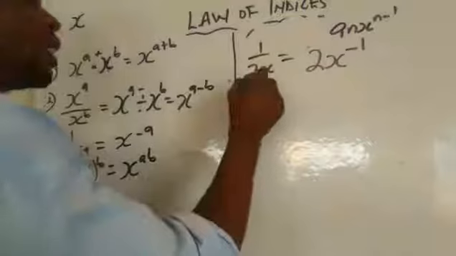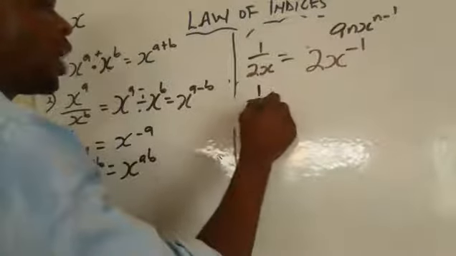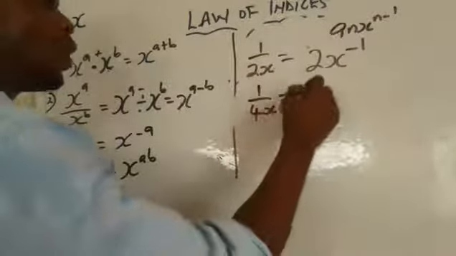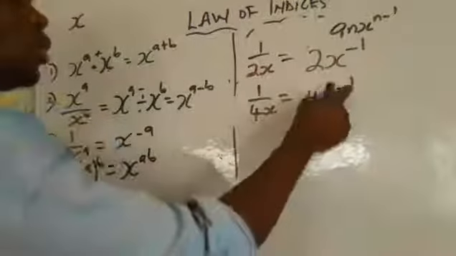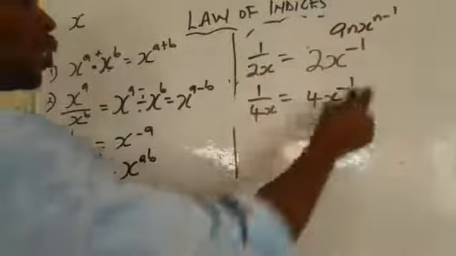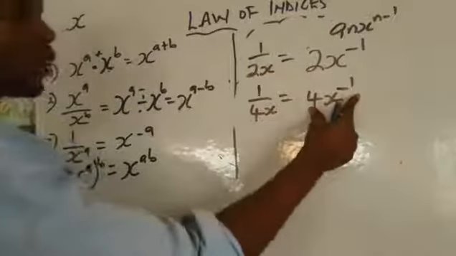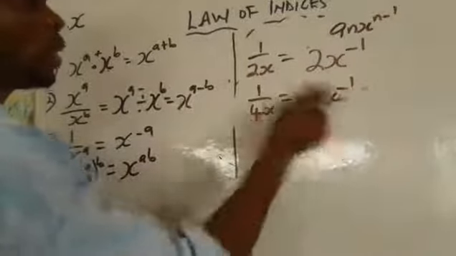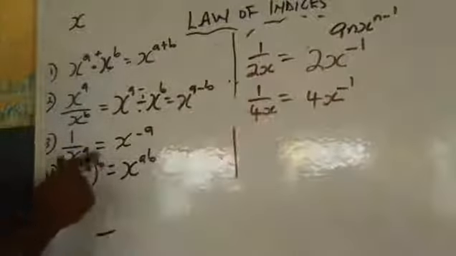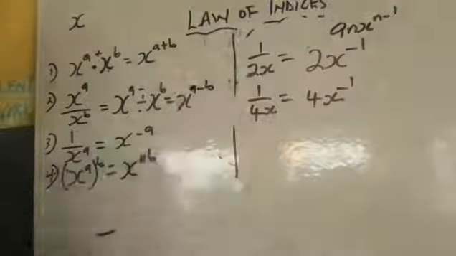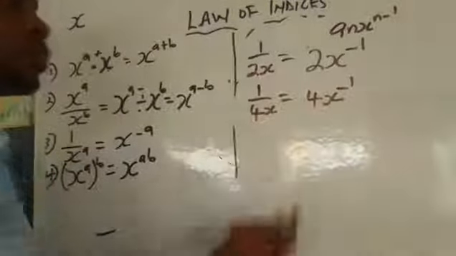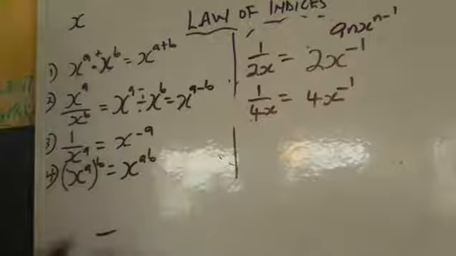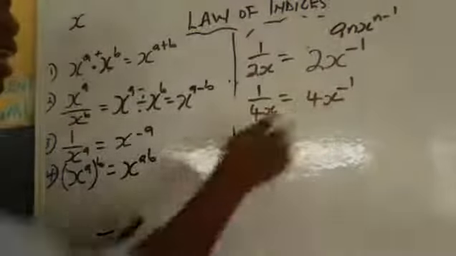So you cannot take differentiation at this point. And if you have 1 over 4x, it is the same thing. Just write your 4x; 1 division means power minus 1. Because when you use the formula from our indices method, if you convert 4x raised to power minus 1, it's going to give you 1 over 4x. If you convert this one, it's going to get back to this one. Maybe I should do it for you so that you can see.